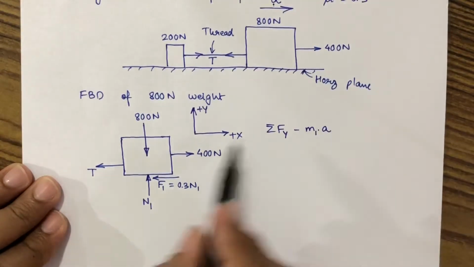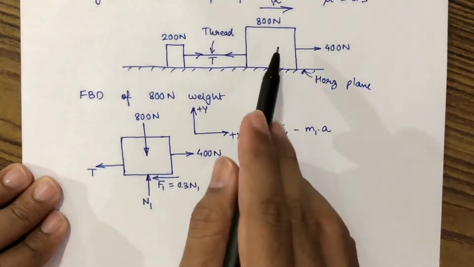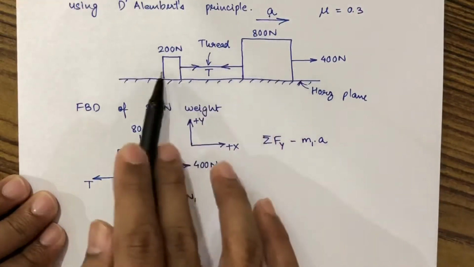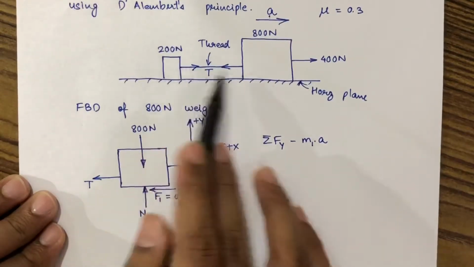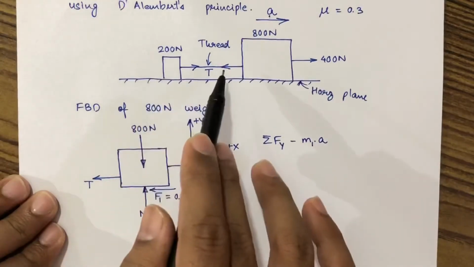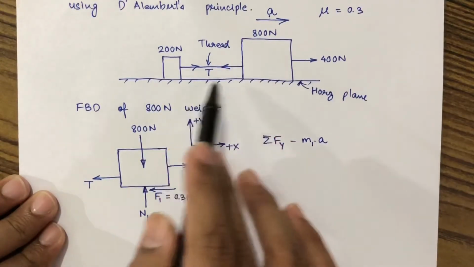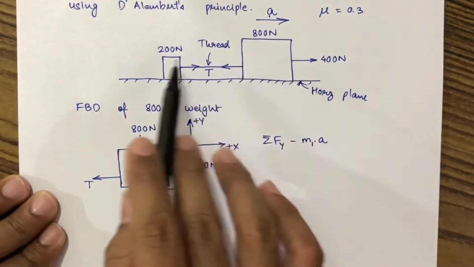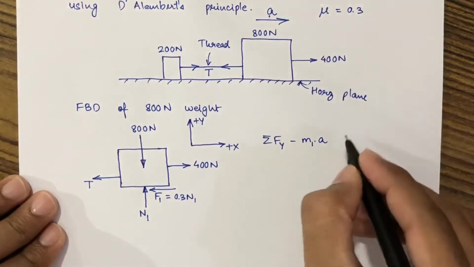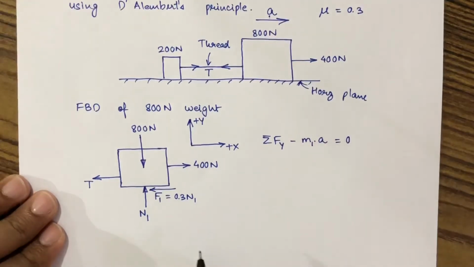We are calling this M1 because this is the first weight that we are considering, and the acceleration A will be the same in both the blocks as they are connected by the thread.